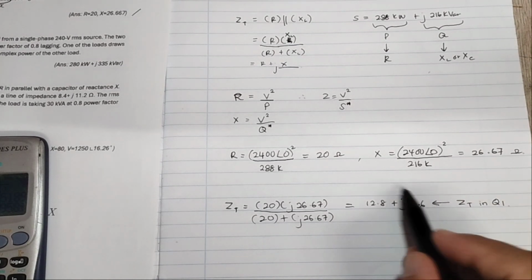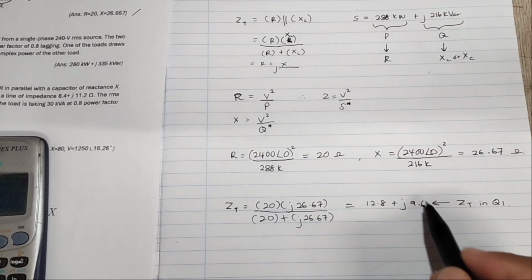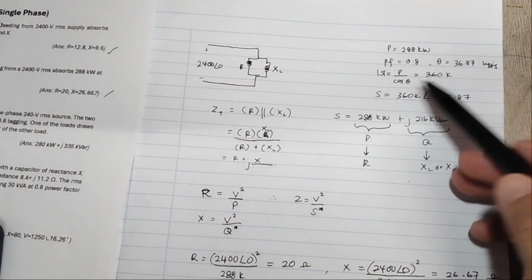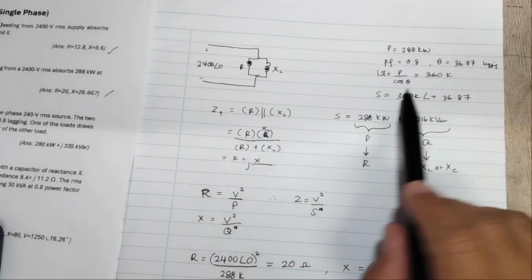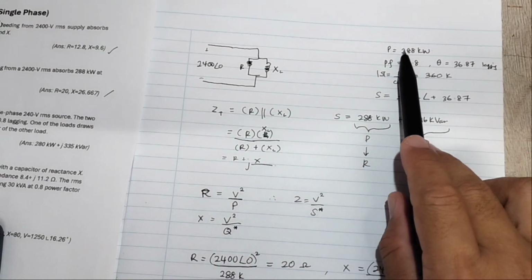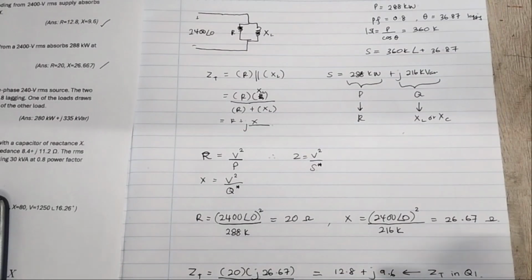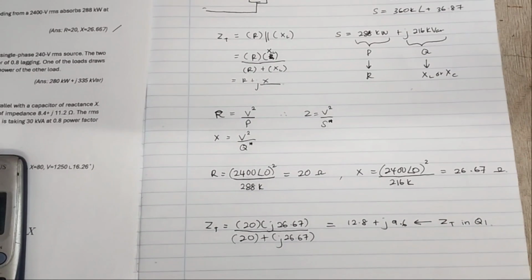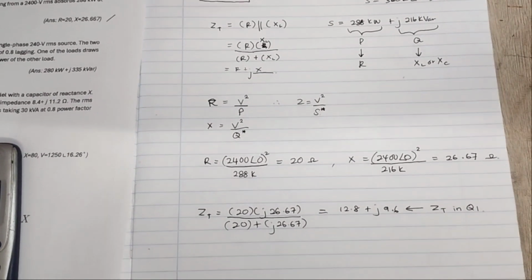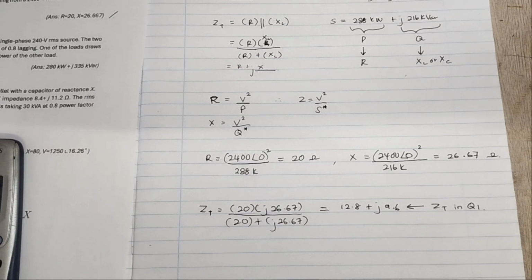Bila dapat Z total ni, kan, sama kan, so akan dapat lah yang power yang sama tadi, macam question 1 tadi. Dapat S ni, P ni, semua based on Z total. Okay, right? So dapat, hopefully dapat lah. Okay, beres.